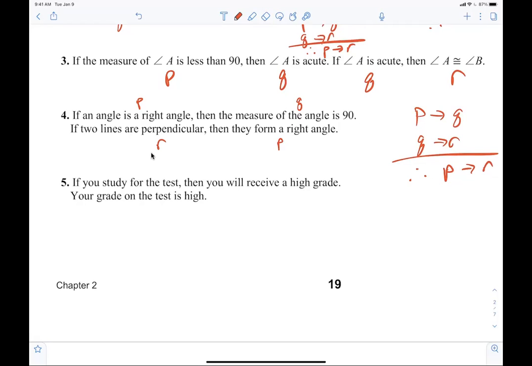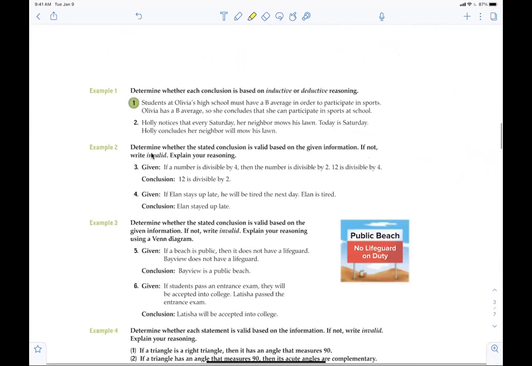No, it's not valid because it's not P to Q and Q to R. Because it doesn't follow this format. It has to follow that format. We have P to what? Q, then we have what? R to P. Do you agree with that now? Okay. All right. The end.